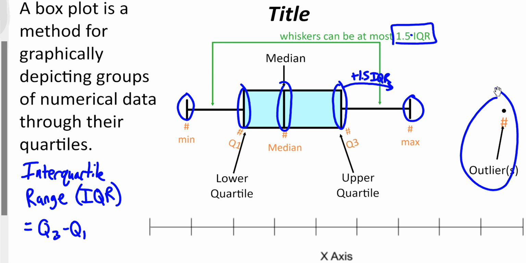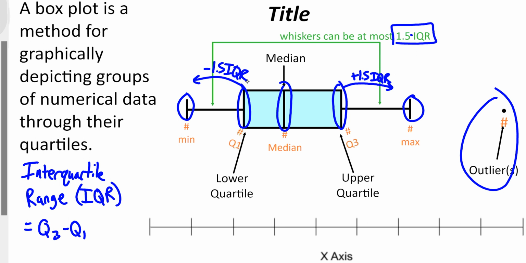Same thing on this side. We want to go as far as subtracting 1.5 times the IQR from the first quartile, and if there's anything lower than that, then it's called an outlier. And then we'll just make our minimum the next value that's within that 1.5 IQR.